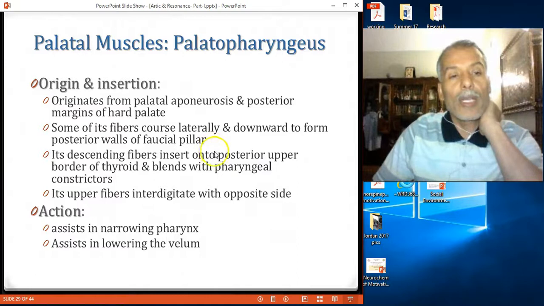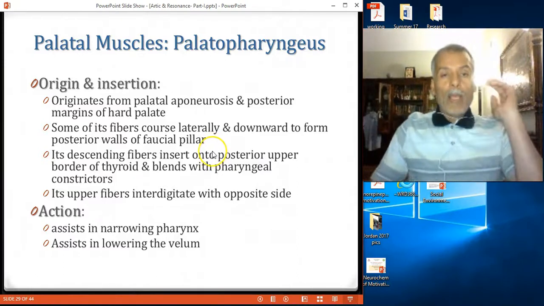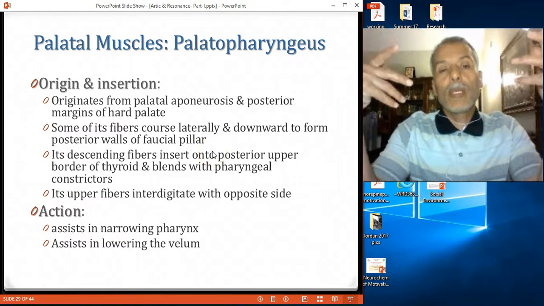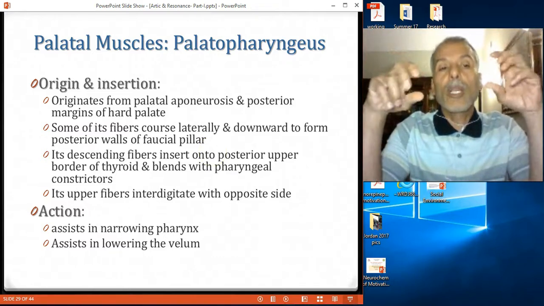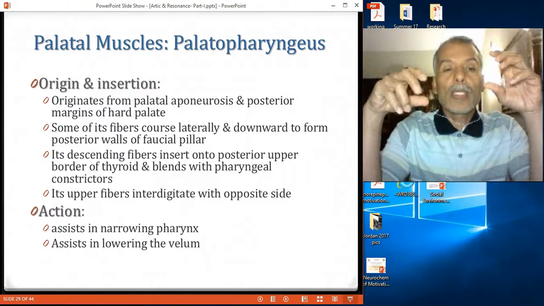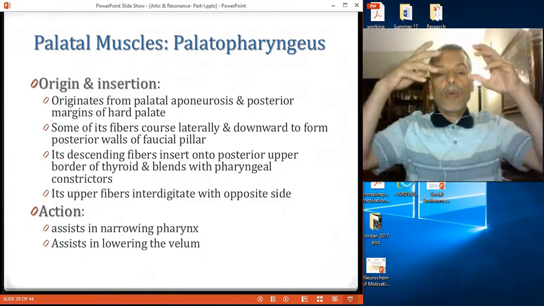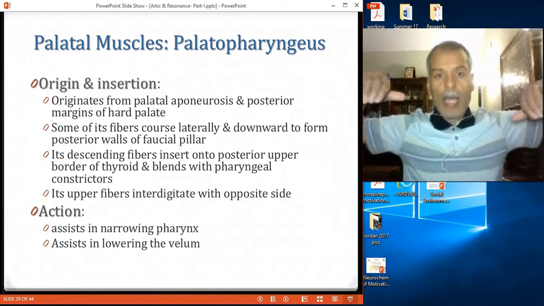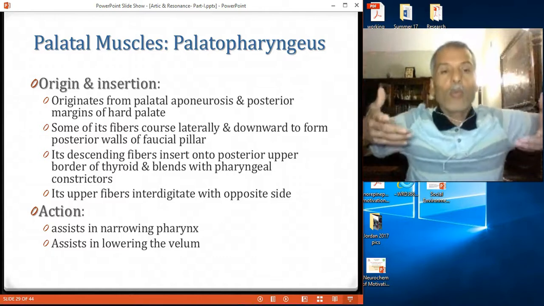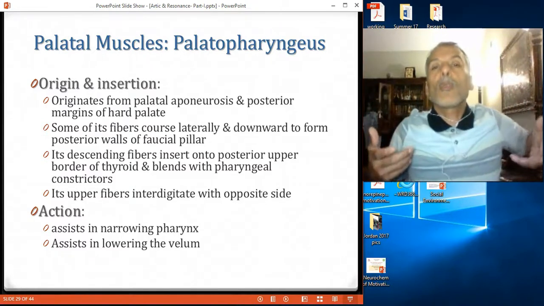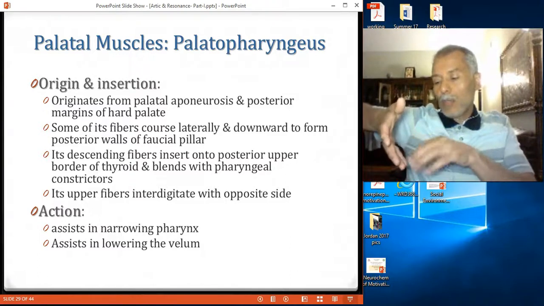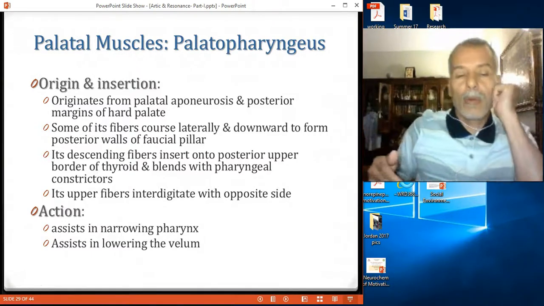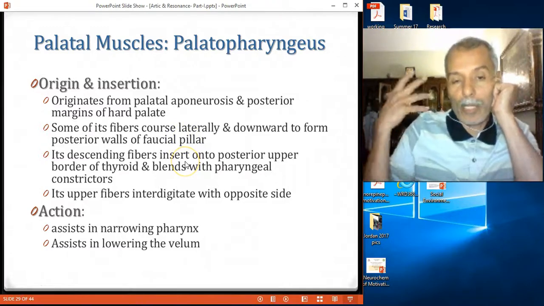The palatopharyngeus again originates from the palatal aponeurosis and the posterior margins of the hard palate. Some of the fibers go laterally and downward to form the posterior walls of the fascial pillars, like you have seen.